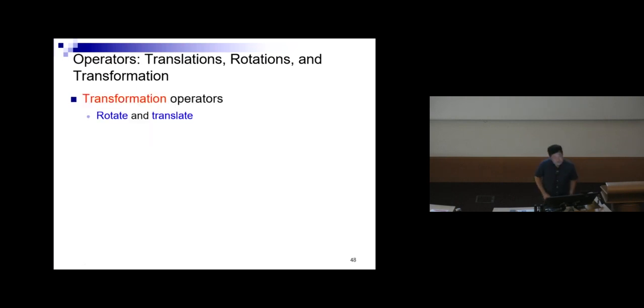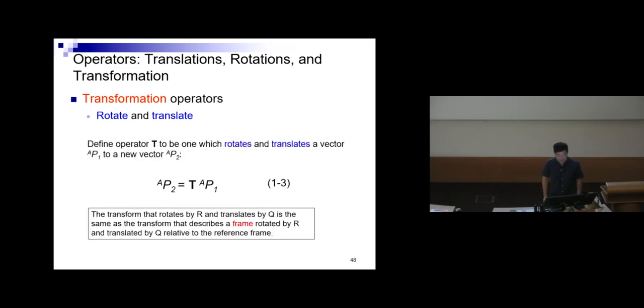Good. The transformation operator is comprised of both rotation as well as translation. We define the operator T to rotate and translate a vector AP1, point P1 with respect to A, to a new vector P2, also with respect to A. So AP2 is equal to T AP1.